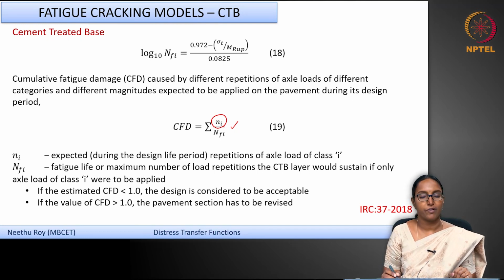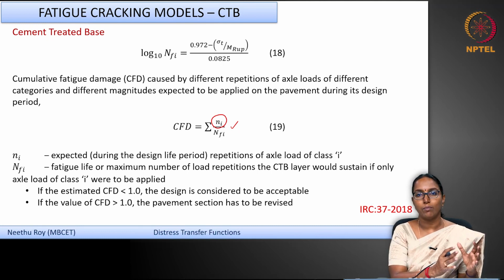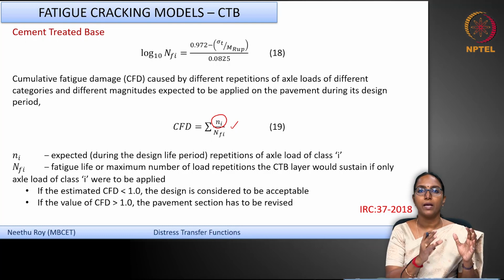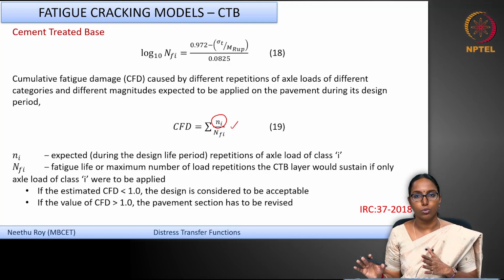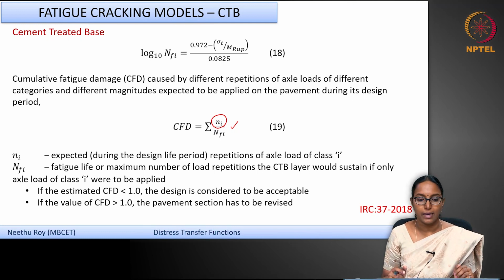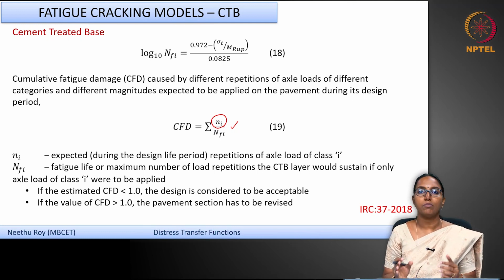Now Ni by NFi you keep on adding for each class type. So for each class you know what is the NFi for that particular class and the number of load repetitions for that class that has happened, so that the relative damage by each class can be computed and added together to find the total damage that has happened. Then see this cumulative fatigue damage, and if it is less than 1, which means the damage has not exceeded, the design is acceptable.